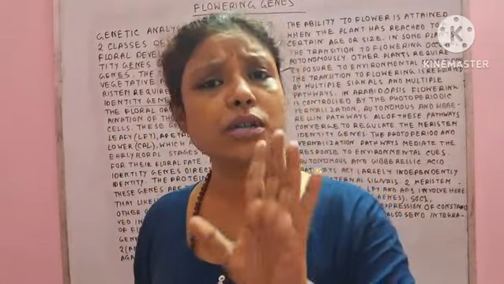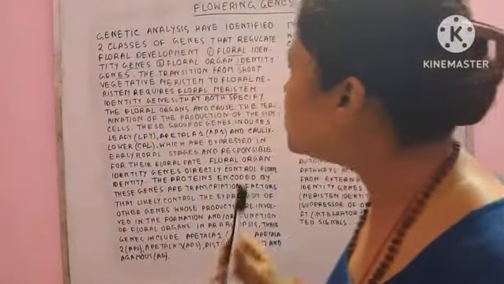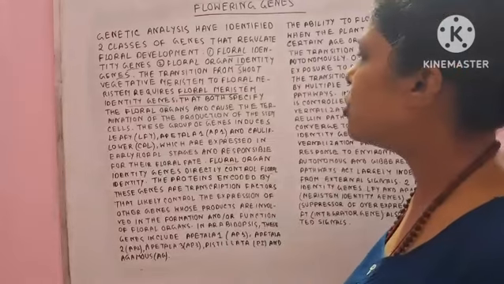One is the apical region and the second one is the axillary region. Clear? And these are present in the stem. Before the apical and axillary portions of the stem region are converted to the flowering region, genes play an important role. Okay, so which genes play the important role?